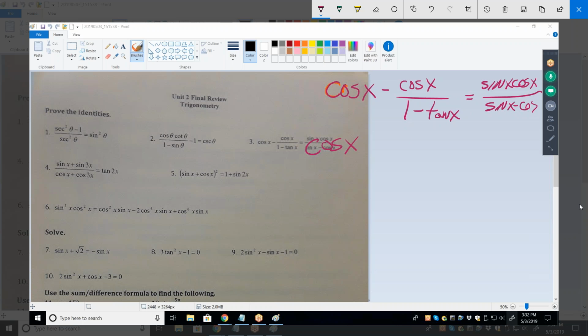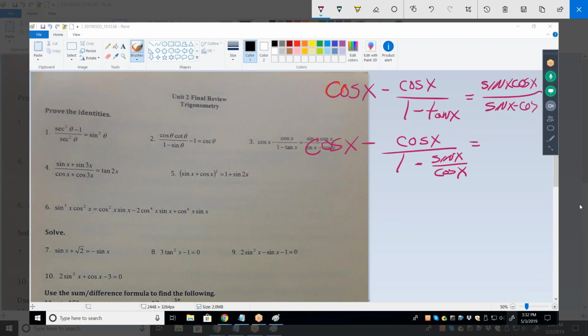The Pythagorean identities? No, these aren't squared. The Pythagorean identities work when they're squared. So for this one, how about the quotient identity? What is it for tangent? Sine of x over cosine of x.